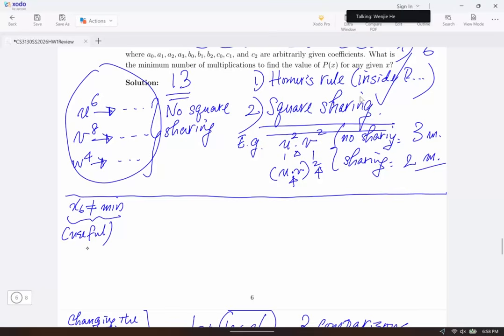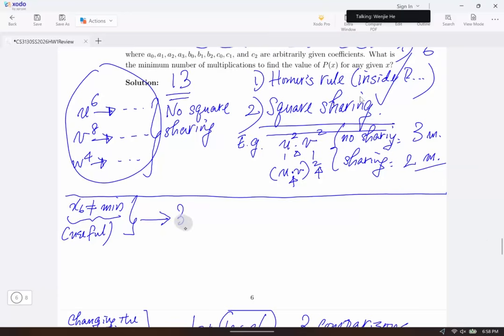We hope this condition can help us reduce the number of comparisons from 3 to 2.